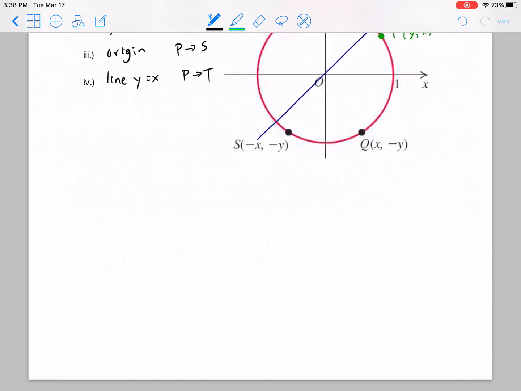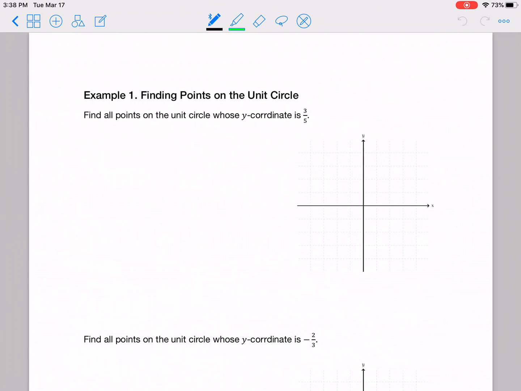So let's first start off with finding points on the unit circle. So find all the points on the unit circle whose y-coordinate is 3/5. So let me draw in a unit circle. Nice and free-handed there, not quite centered at the origin, but that's okay, pretty close. And we want to find all the points where y equals 3/5.